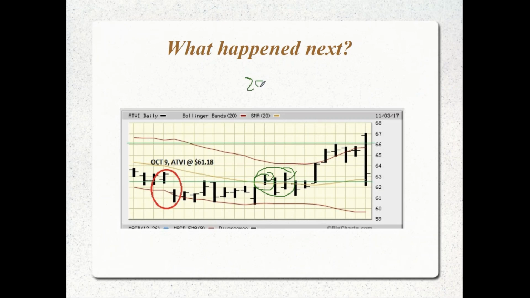On 20th of October, ATVI was at 62.64 or something along those lines. So where does that leave me? Well, now that 62.5 put still expires, and I have to pay 14 cents to buy to close the 62.50 call to avoid assignment. Okay.